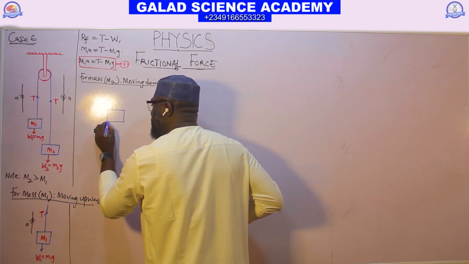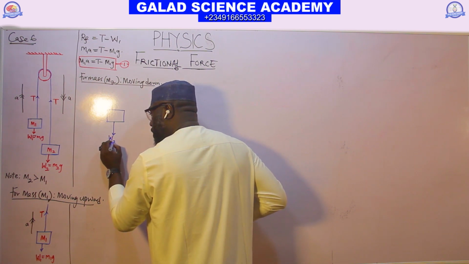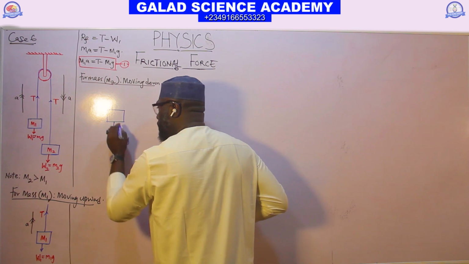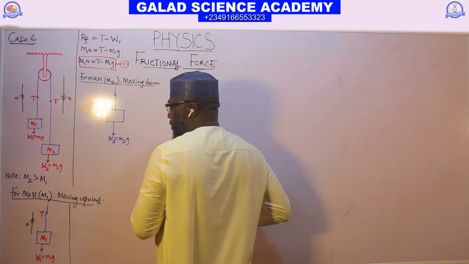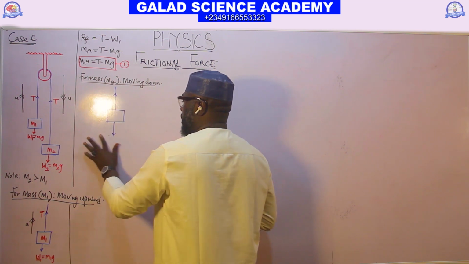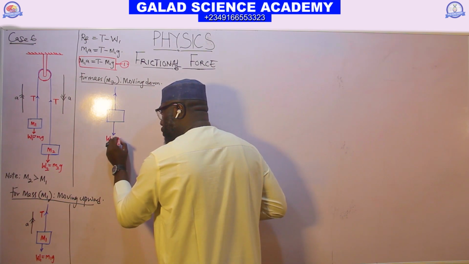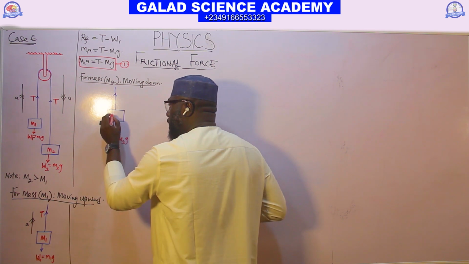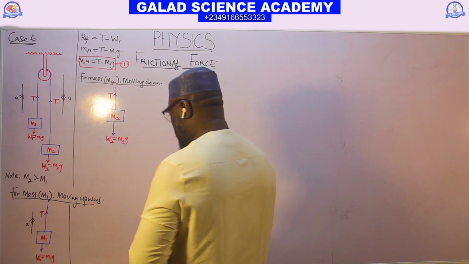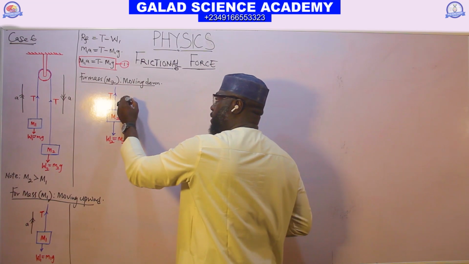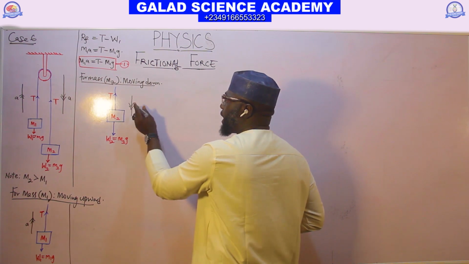The weight of this is acting downward, W2, which is M2G, and the tension is acting up. Don't forget that the body is moving down with acceleration A.